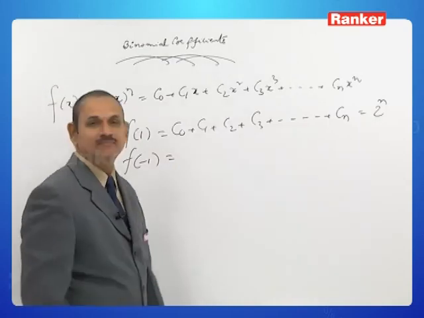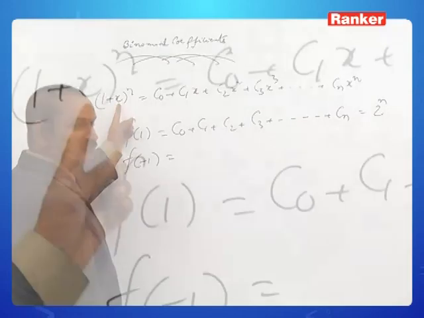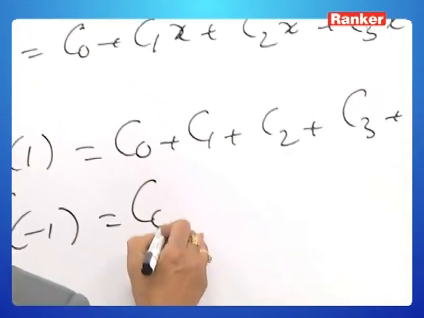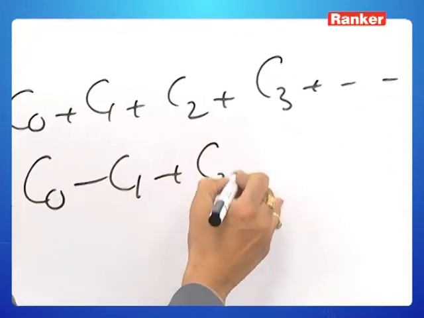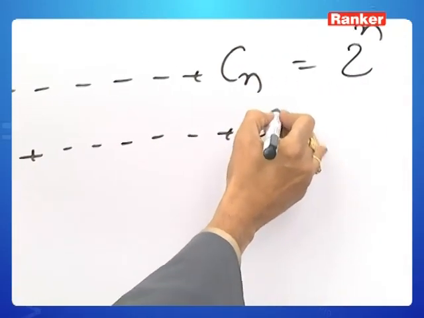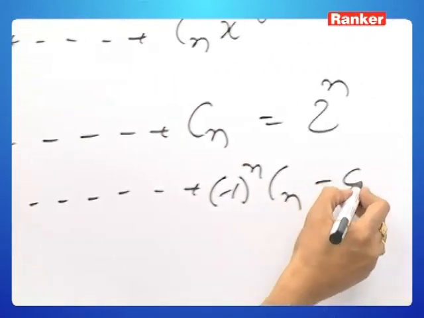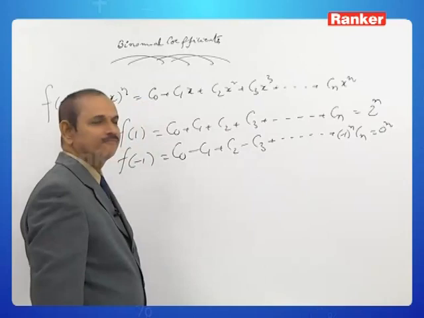Good. What happens to f of minus 1? You please observe. 1 minus 1 is 0 of course, and here it is C0 minus C1 plus C2 minus C3 plus C4 etc., minus 1 whole power n into Cn, which is 0 to the power n. Good.